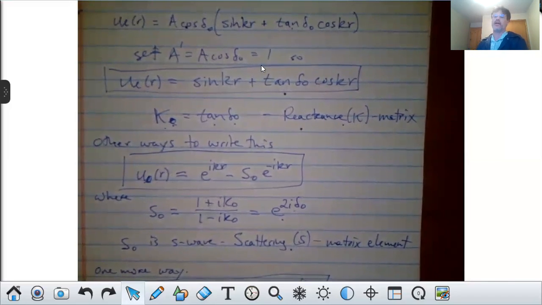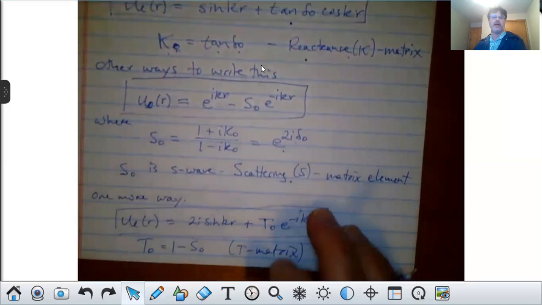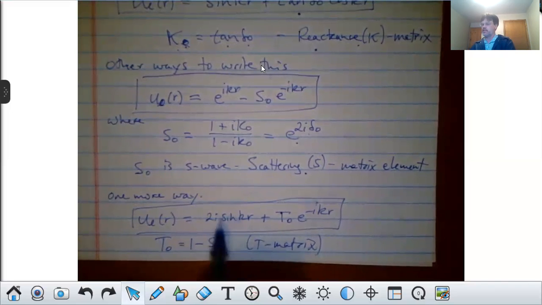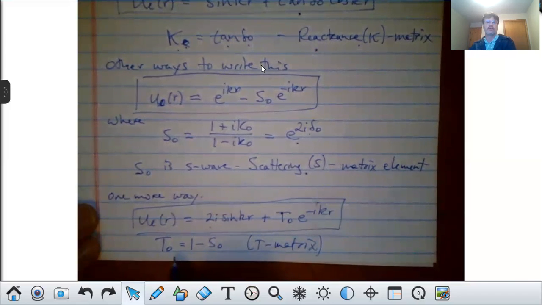Let's write it one more way, because there is another quantity that's often used when you talk about quantum scattering. I could write it as u sub L. I could change my e to the ikr to a sine. There are always some constants that come in. I'm going to multiply by 2i here so that I get a T in front of my e to the negative ikr. And you can show that T0 is 1 minus S0.